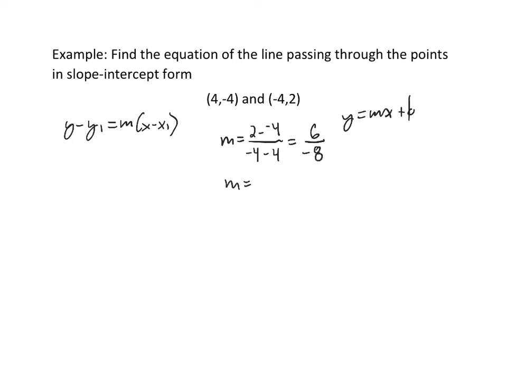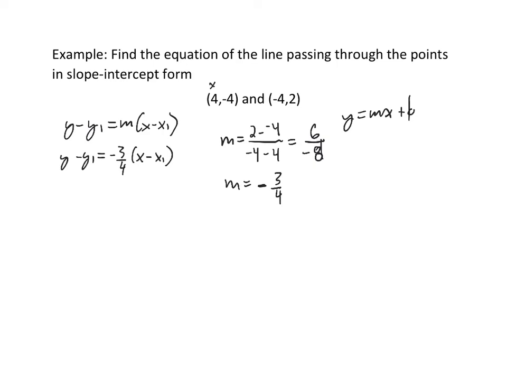I'm going to reduce and simplify that. I can divide both of those by 2, and knowing it's negative, because a positive divided by a negative is negative, dividing both by 2 gives me negative 3 over 4. So that's my slope. So far I have y minus y1 equals negative 3 over 4 times x minus x1.